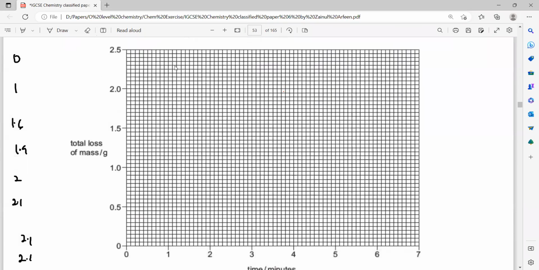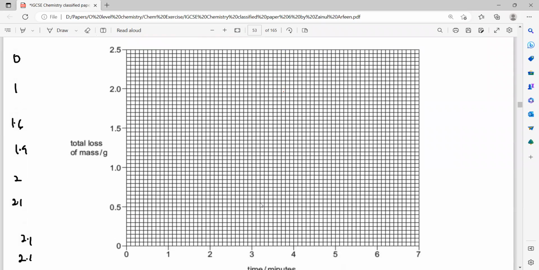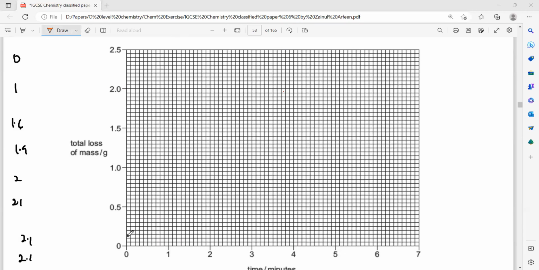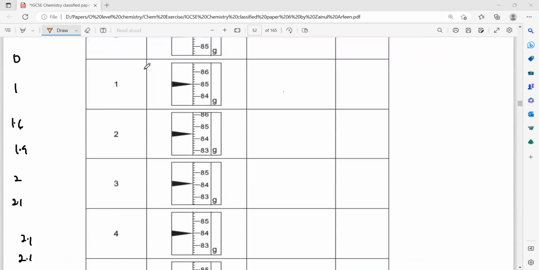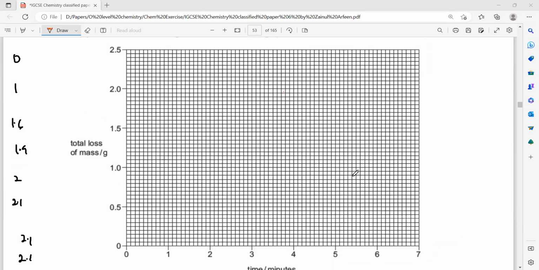The next one: plot the results on the grid and draw a smooth line graph. So we have the total change in mass, and 7 experiments are done. Because this axis is representing the time, in the beginning it is starting with 0 and ending at 7.